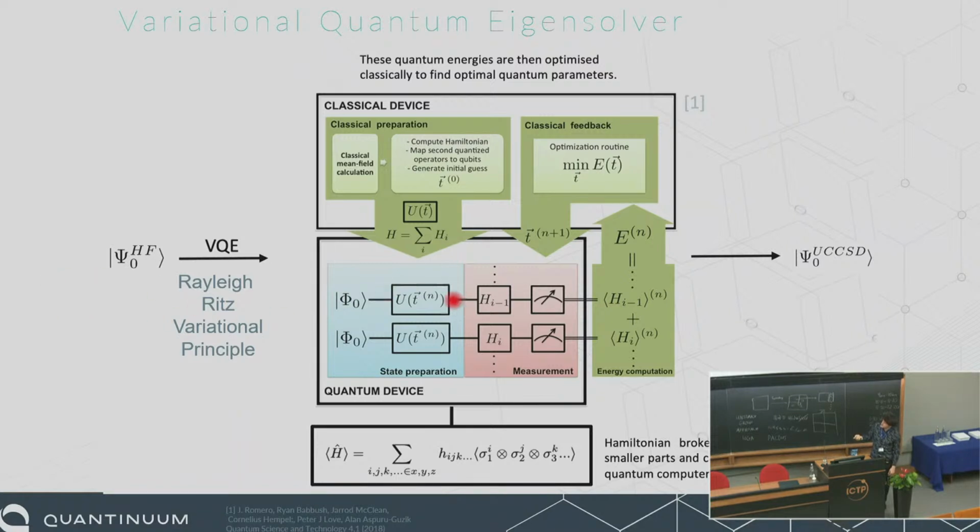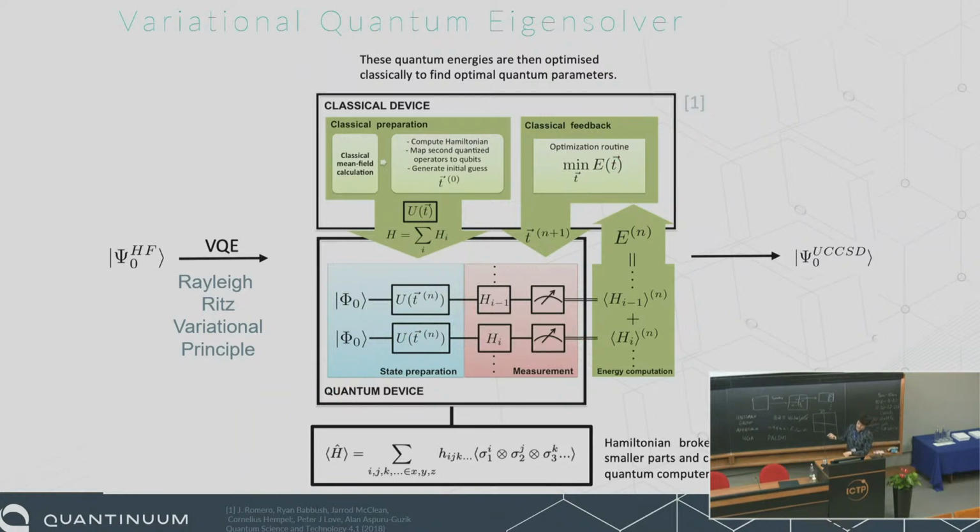Basically, what this is showing is you prepare your state, you measure your state and get the energy from the method I just showed, and then you calculate the energy, and then you change the parameters just so that the energy will go down. So you have a gradient optimizer or whatever optimizer you use. But basically, you're changing the parameters such that the total energy of the system goes down.